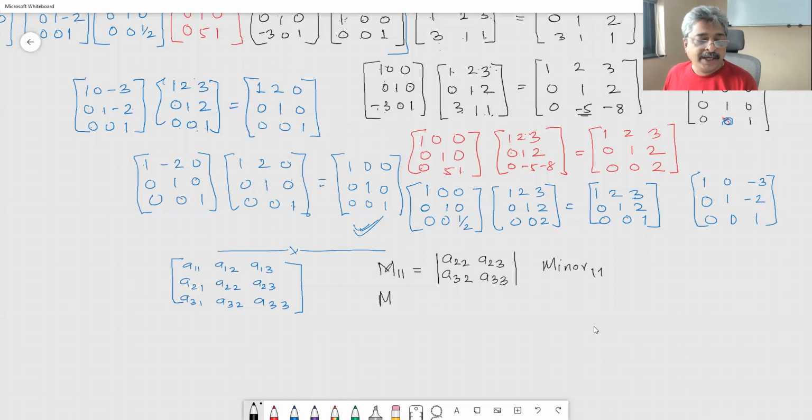Minor of say 3 2 will be what? Minor of 3 2: ignore row number 3, column number 2, whatever remains, A11, A13, A21, A23, is the minor of 3 2. Like that we will have minors of all 9 elements.